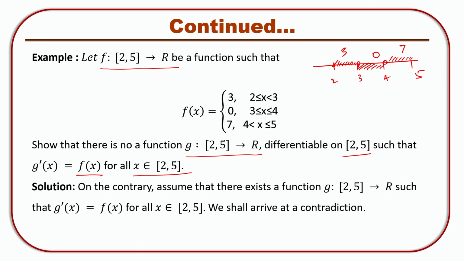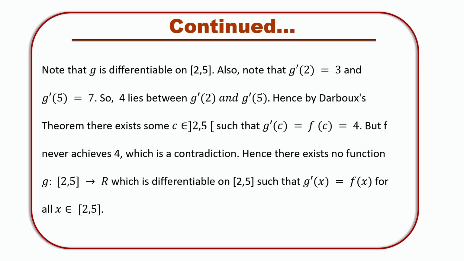So, on the contrary, let us assume that there exists a function g. So, we assume that g from [2, 5] to R exists and g dash of x equal to f(x) holds, right. Now we prove that by contradiction.